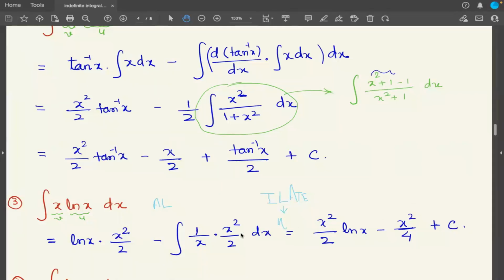So when we integrate the function x by 2 we will get x square by 4 plus some constant.